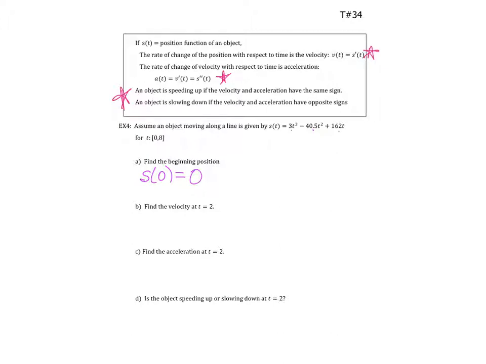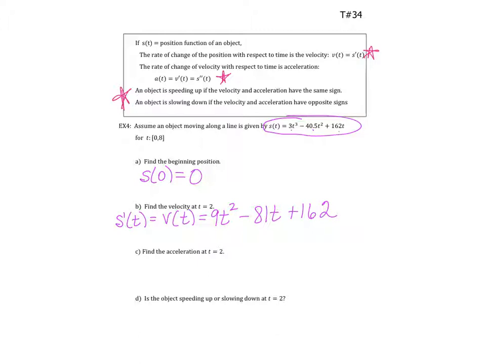Find the velocity at t equals 2. Well, you know that the derivative of position is velocity. So all I have to do is look at this position equation and take the derivative. Power to the front, that's going to be 9t squared minus 81t plus 162.